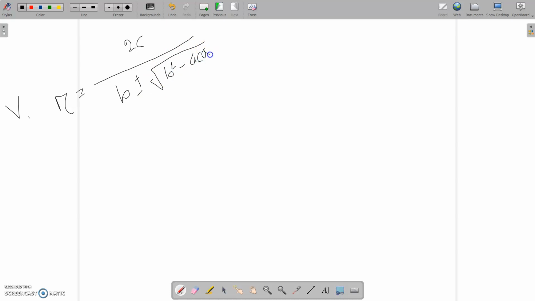But first we need to decide which one we want to take. You have the value of b. So if you calculate b square minus 4ac, I have to calculate it: 62.25 square minus 4 into 48 into 15.